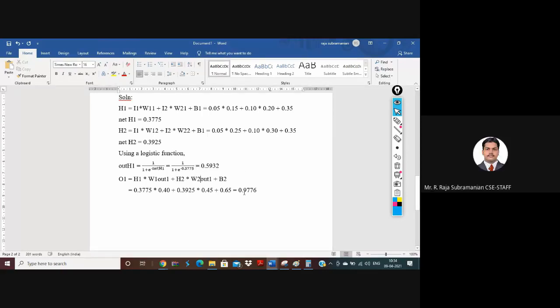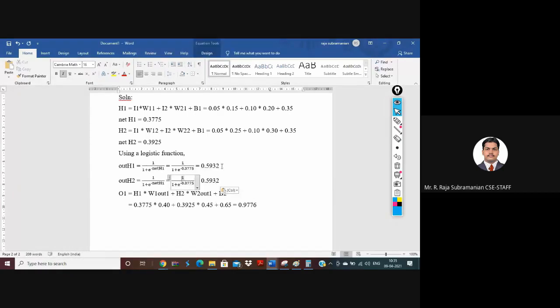So now see the difference. I'm not saying that output one is calculated. First, I changed the value of H1 from 0.3775 to 0.5982. So I just increased the value of H1. Similarly, I can calculate out H2 by using the same logistic function.